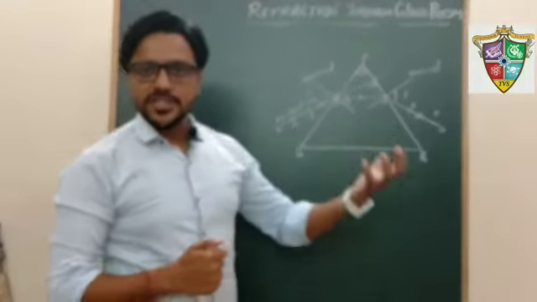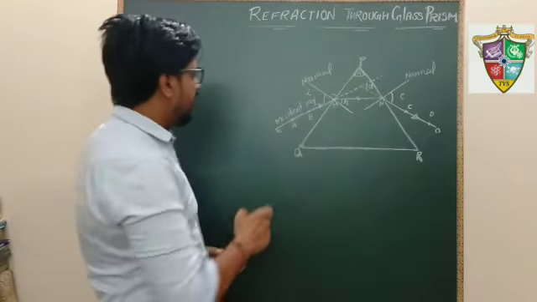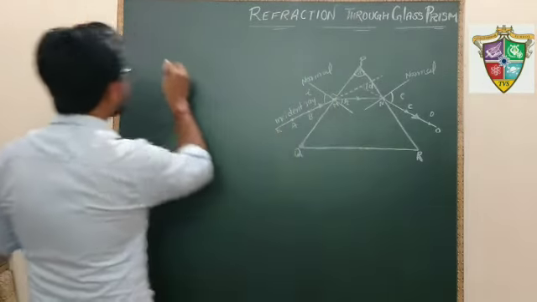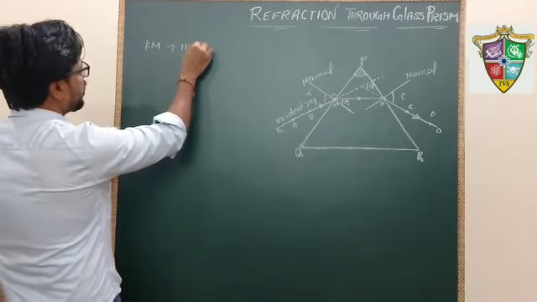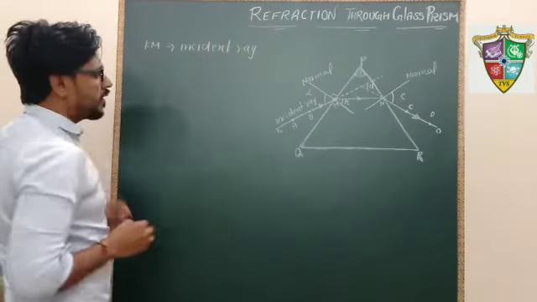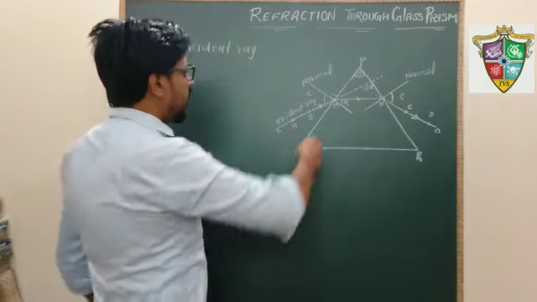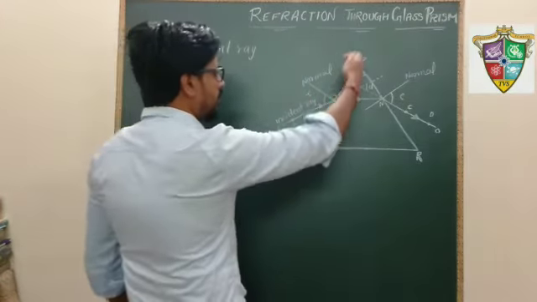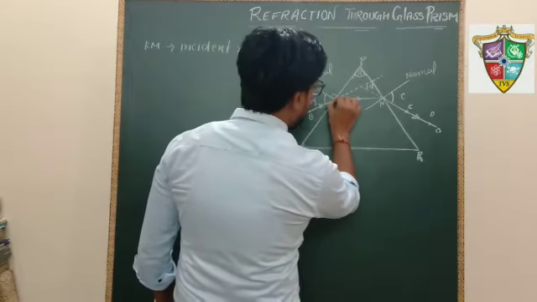PQR is the triangular section of the prism, where A is the angle of prism and this KM ray is known as the incident ray. It strikes the surface PQ at a point M. If we draw a normal, a perpendicular line to the surface PQ, the ray bends towards the normal, and goes as the path MN.